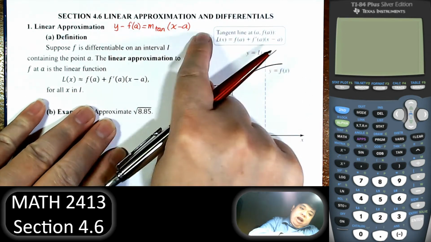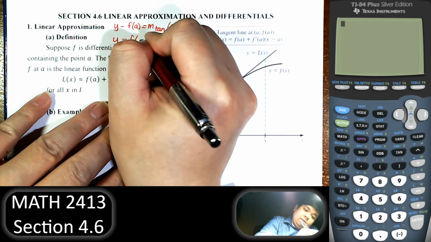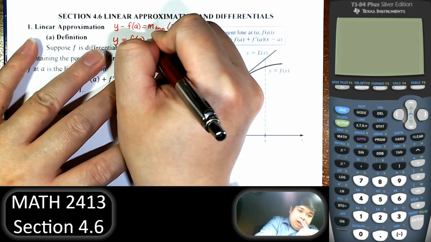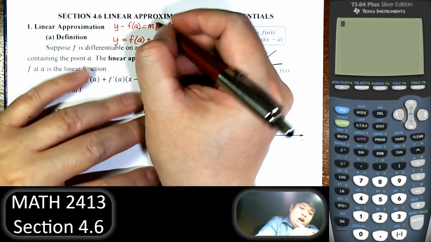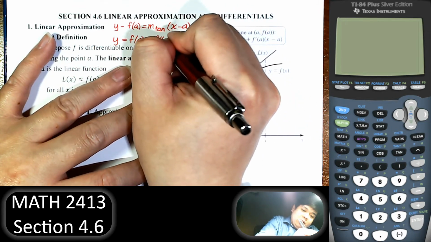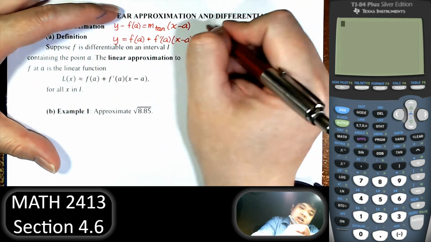I just need to add f of a to the other side, and then the slope of the tangent line will be the derivative at that point. So this is the equation of a tangent line.